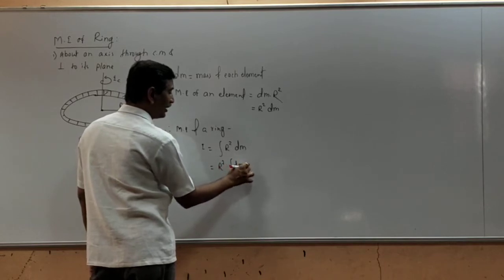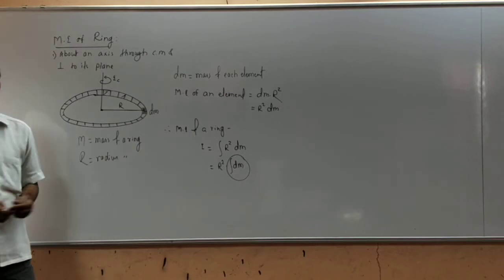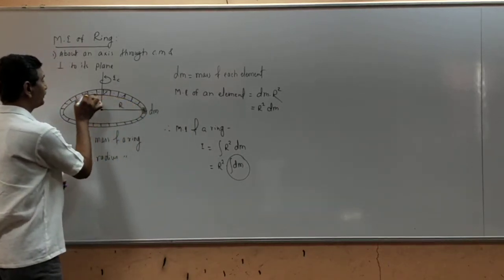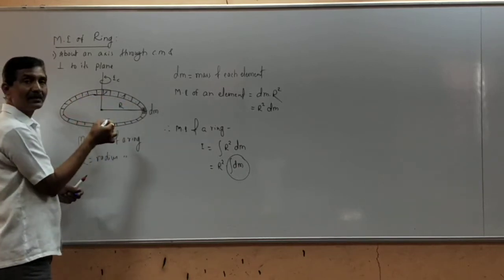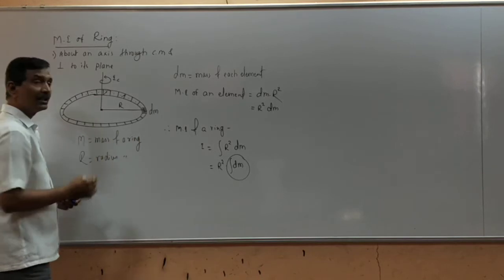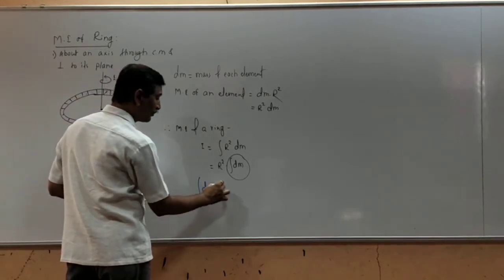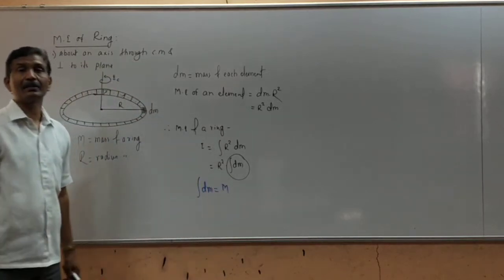Now integration of dm means what? The integration of dm means the sum of the masses of all these elements. If you add the masses of all the elements, we get the total mass of the ring. So integration of dm is nothing but the total mass of the ring, and it is capital M.